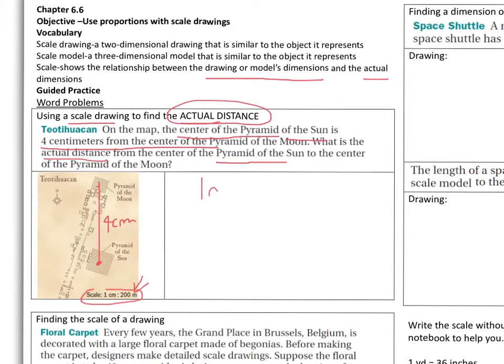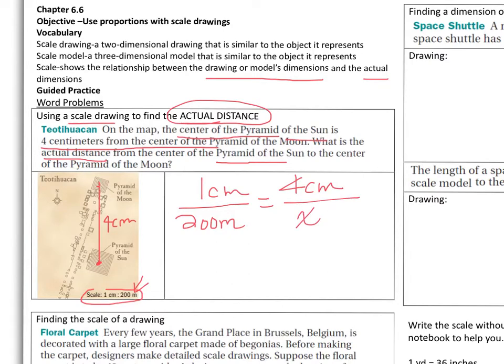We again need to set up a proportion by using the scale given on the map. So 1 centimeter on the map to 200 meters in reality. I will set this scale, or in other words, the ratio, equal to 4 centimeters to the actual distance, x.